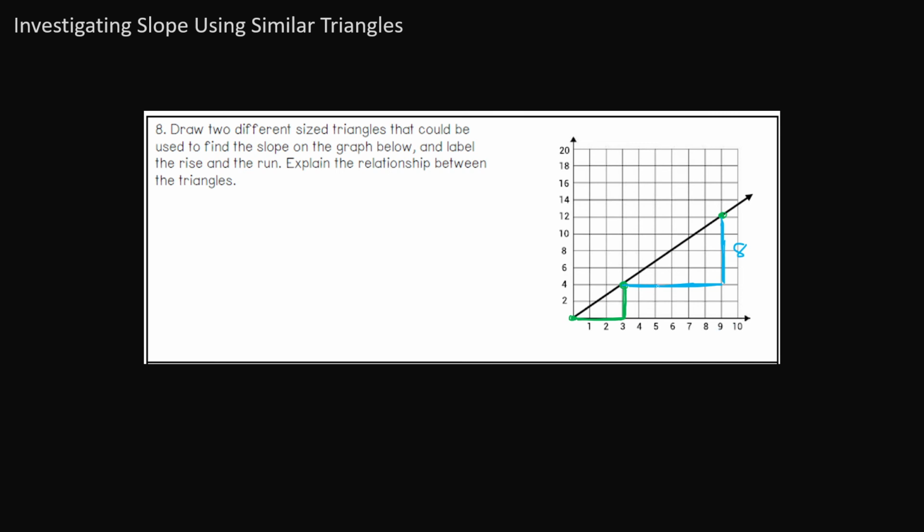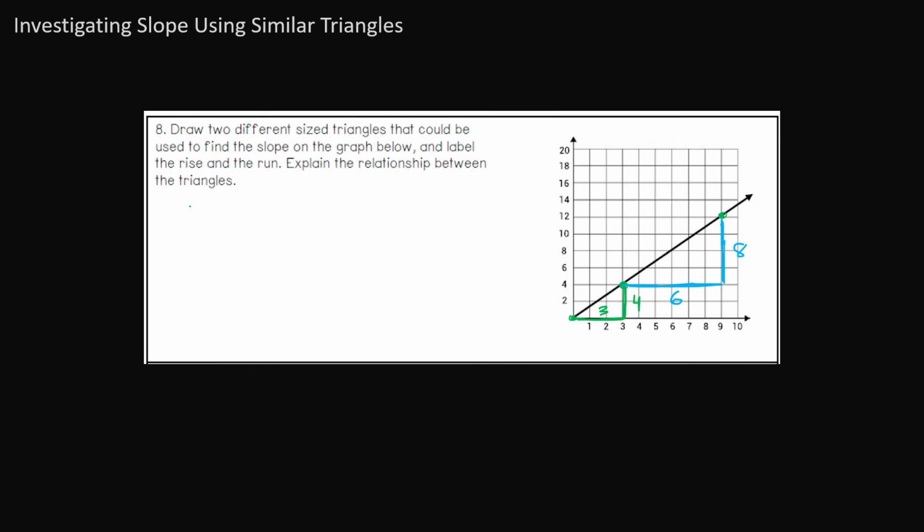So this would be 1, 2, 3, 4, 5, 6. So those are the side lengths of the larger triangle. The smaller triangle looks like the rise, or the height, would be 4 units. And my run, or my base of the triangle, would be 3 units.